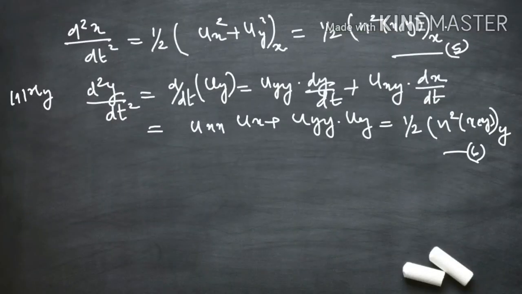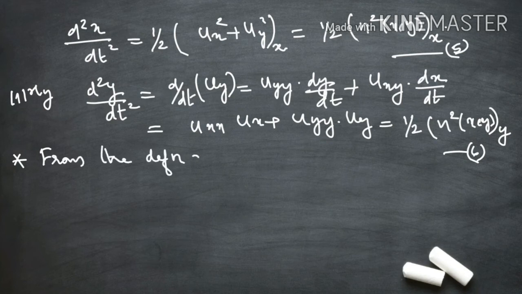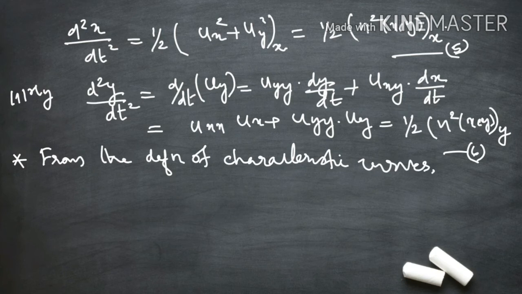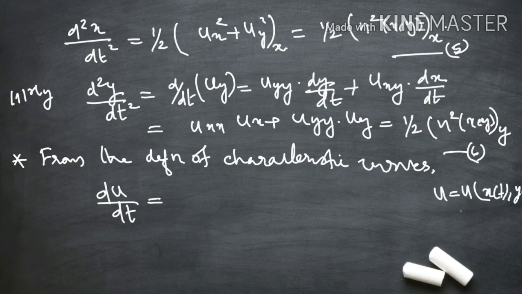To write the solution of the eikonal equation, notice that from the definition of the characteristic curves, we have to show that du by dt is equal to n square. Actually u is a function of x comma y, or u is a function of x of t, y of t.